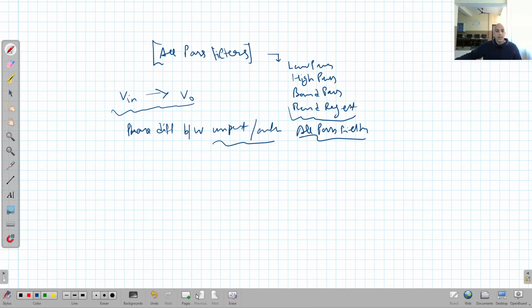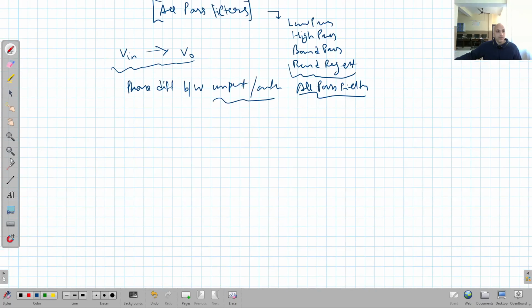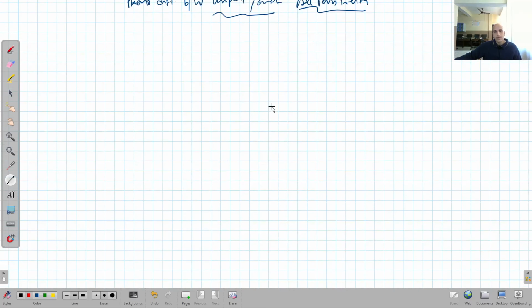This circuit diagram consists of a basic operational amplifier. This is the operational amplifier. This is the output terminal of the operational amplifier. This is the first terminal, the inverting terminal.